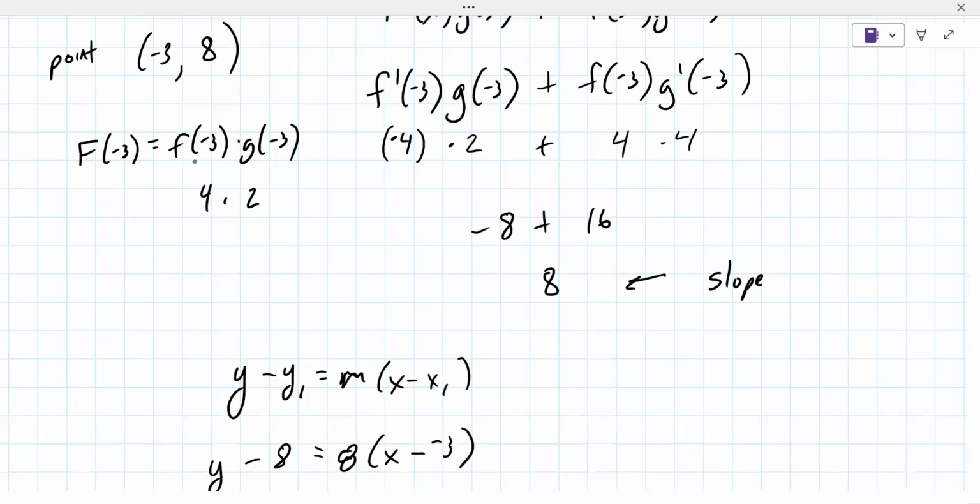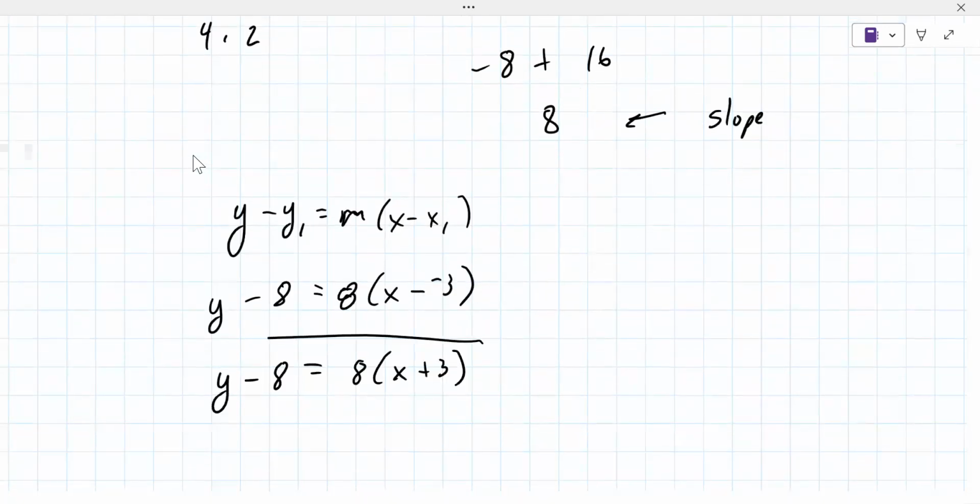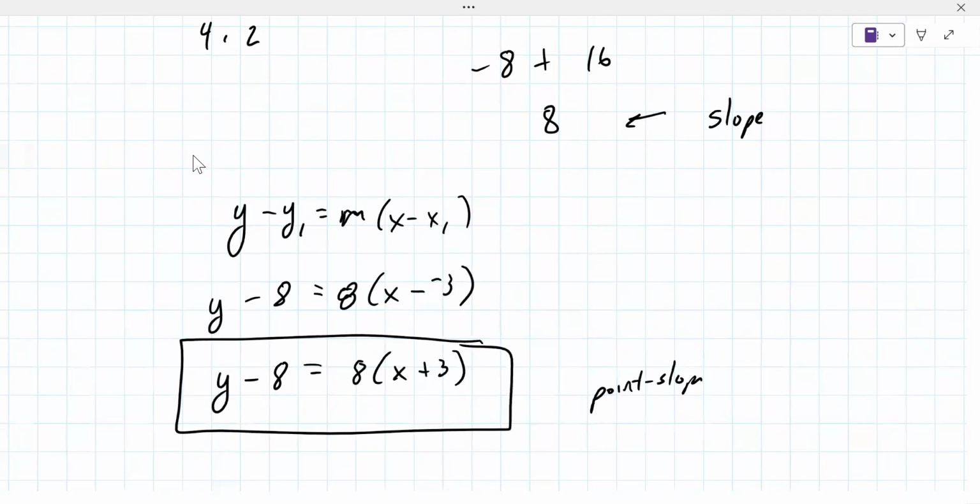I think it will accept this, which is point slope form. Let me type it in, but I'm not sure because I'll grade these things.